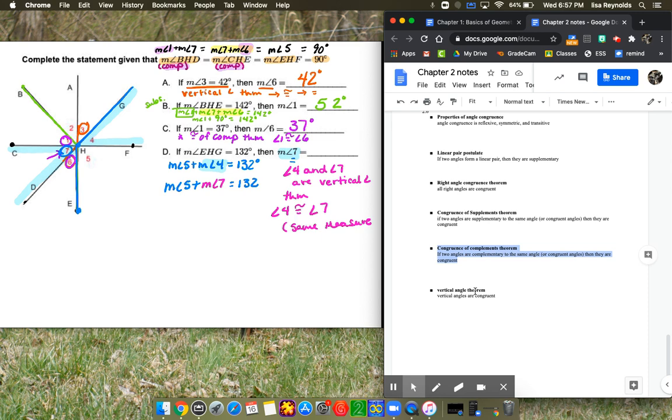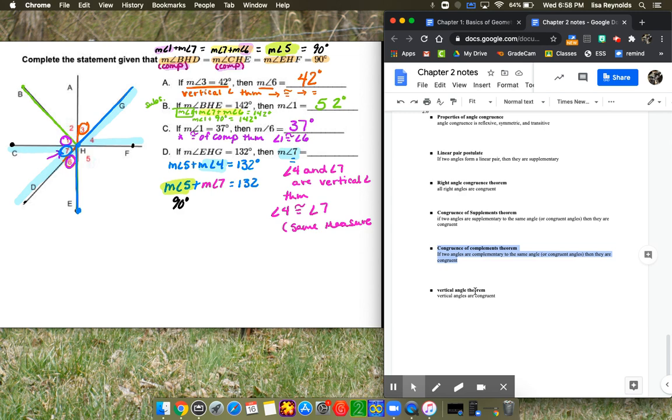Okay, well, we're a little closer. Now we need to remember our given information. Don't forget all the way back at our given information that the measure of angle 5 was actually given to us as 90 degrees. So we're going to do a bit of substitution.